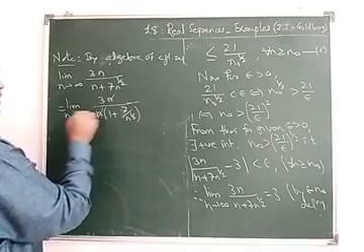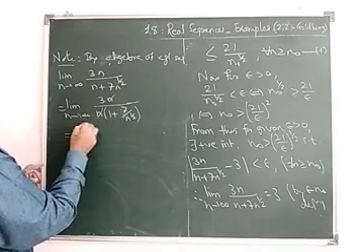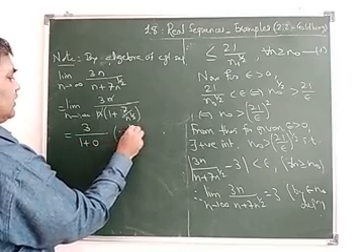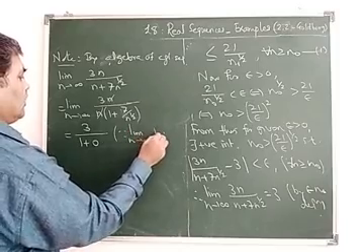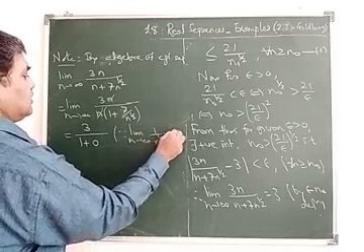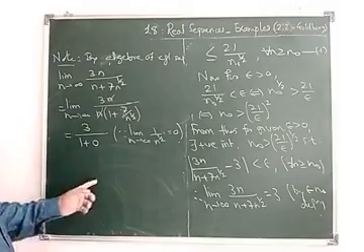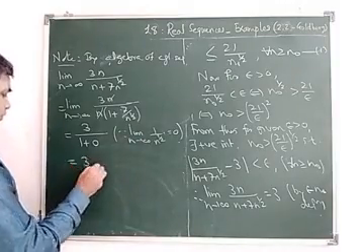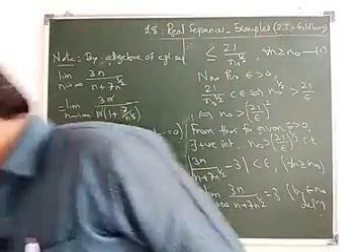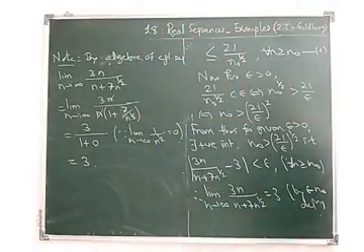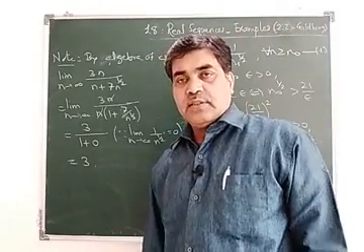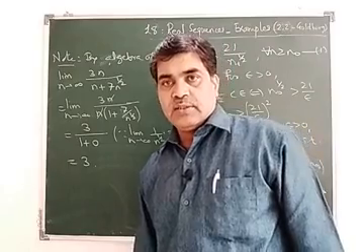Then this n gets cancelled. This is equal to 3 upon 1 plus 0, since limit n tends to infinity of 1 upon root n is 0, which is equal to 3. So this is by using algebra of convergent sequences. And to judge the limit of the sequence, we are using it.